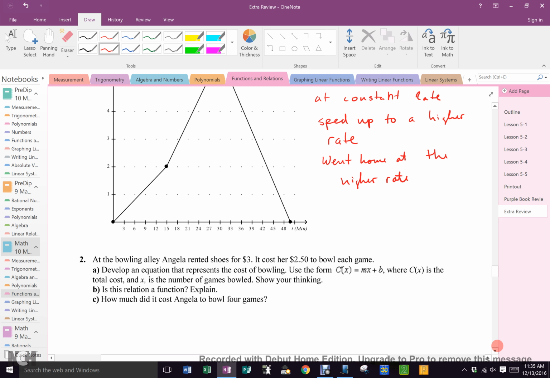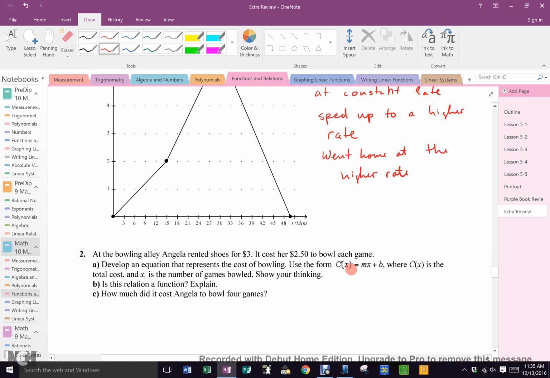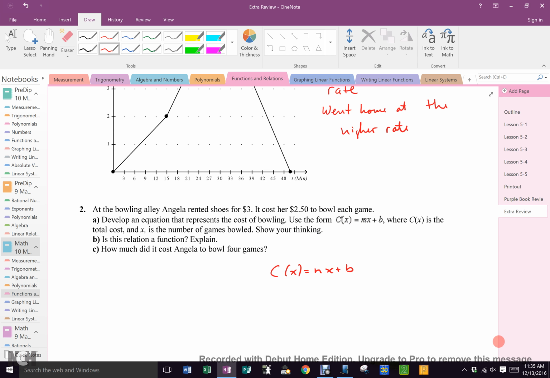All right, this one. Function notation, C(x) = mx + b. So, the cost is going to be at least $3 to rent the shoes, so plus 3, and $2.50 per game. Is it a function?